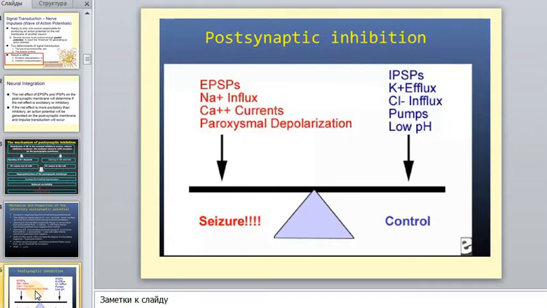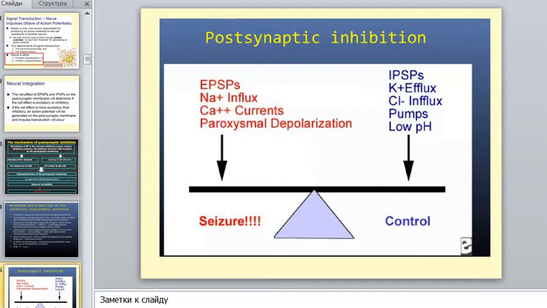And we have a table, this picture describing the work of channels with chlorine and potassium ions and different molecules, and here is the balance of ions and molecules that take part in the formation of potentials in neurons.